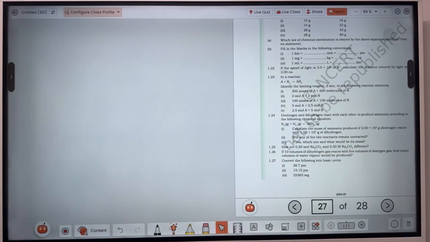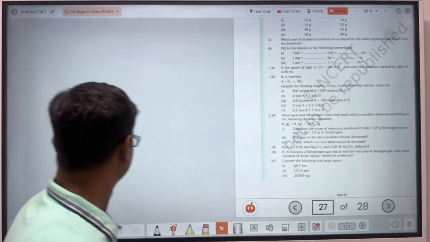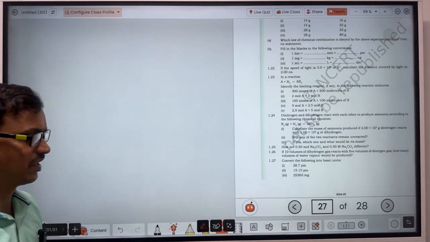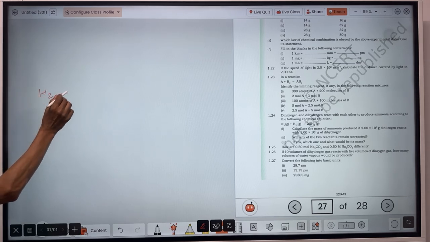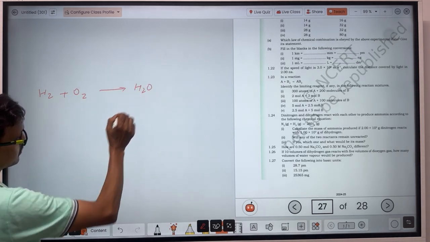There is a reaction between dihydrogen and dioxygen. So firstly, write the reaction for dihydrogen and dioxygen. And here it is already given that water vapor is produced. So hydrogen reacts with oxygen and there is formation of H2O.